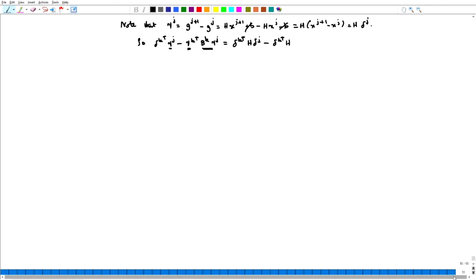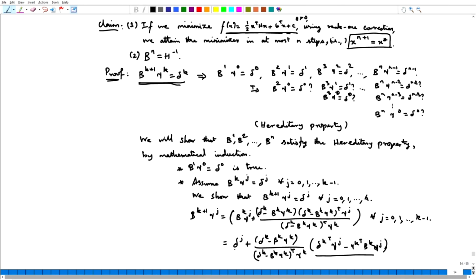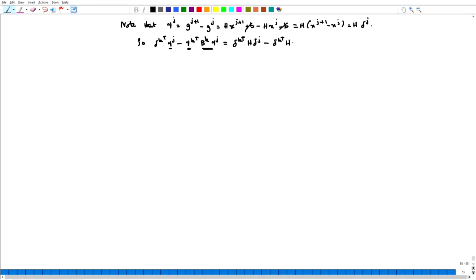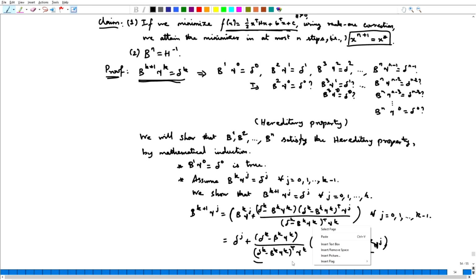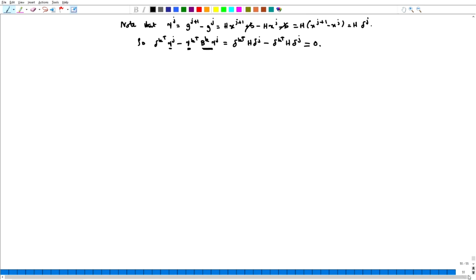We have already assumed that Bk gamma j is delta j. But delta k transpose H delta j minus delta k transpose H delta j is 0, right. Therefore, this whole term becomes 0. So, Bk plus 1 gamma j is delta j for all j equal to 0 to k minus 1.